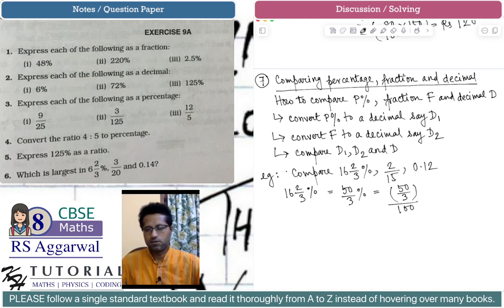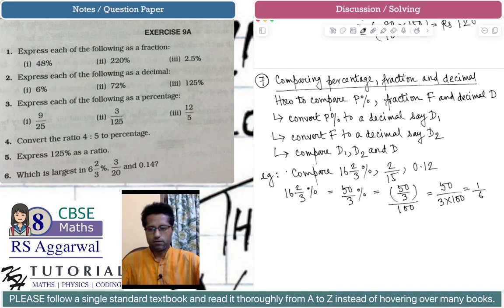Now this becomes equal to 50 by 3 into 100. This is equal to 1 by 6. So 1 by 6 is the fraction.